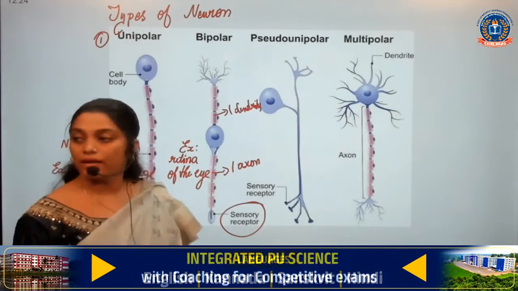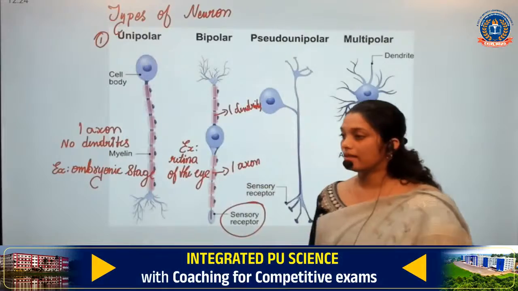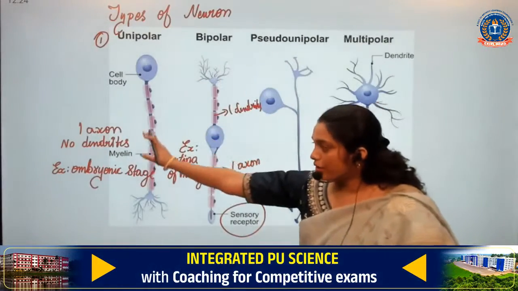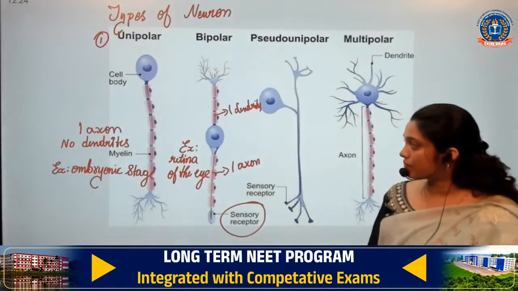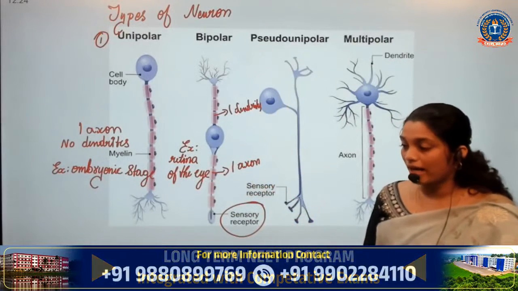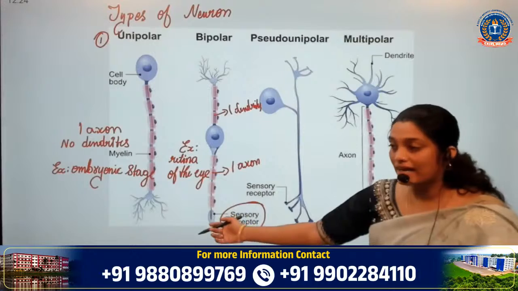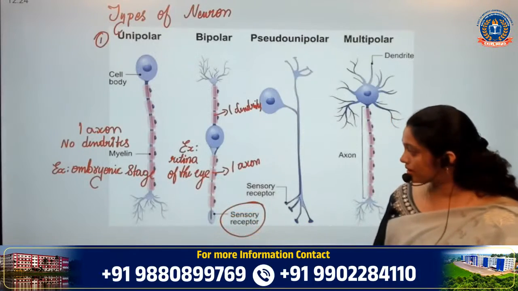So unipolar neuron is found in the embryonic stage. Bipolar neuron is found in the retina of the eye. The speciality is that it has sensory receptors at one end.